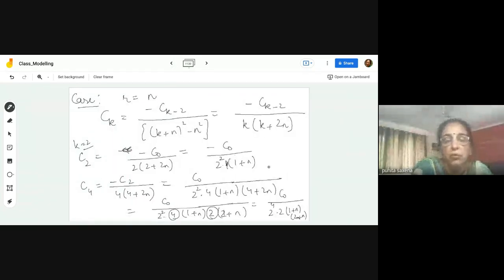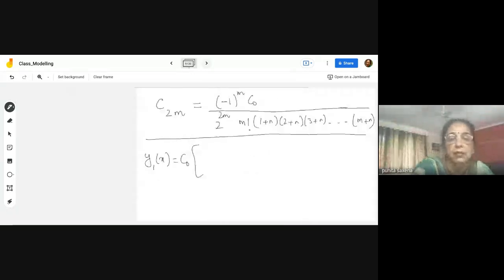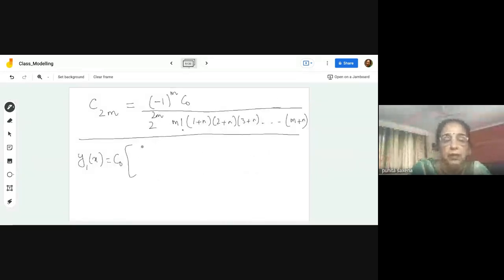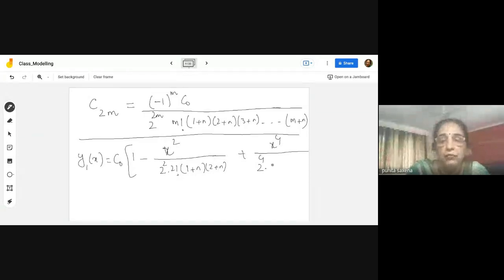Because C naught is common everywhere, we'll have 1 minus, because C2 was minus, x square, because C2's term will come, upon 2 square into 2 factorial, 1 plus n into 2 plus n. Then plus x to the power 4 upon 2 to the power 4.